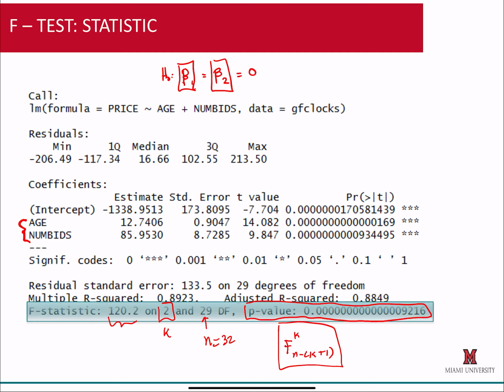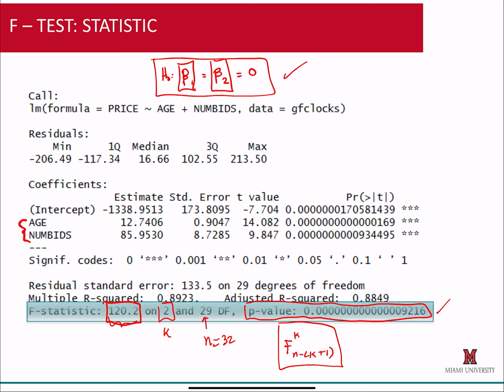If this is true, what is the probability that I get an average explained over average unexplained variation ratio of 120 or more? That seems unlikely. If the explained variation is 120 times more than the unexplained variation, what are the chances that the null hypothesis is still true? And that is very low.